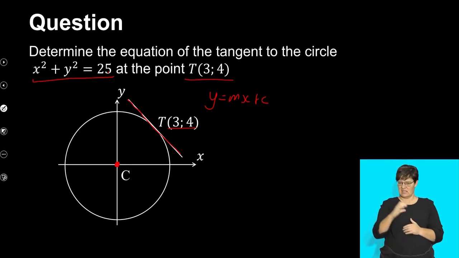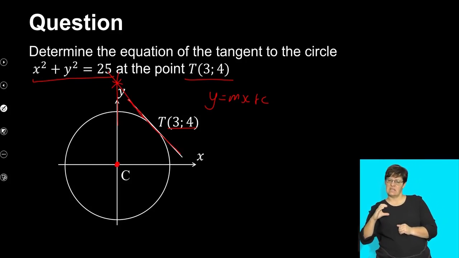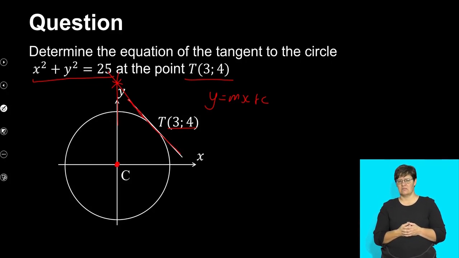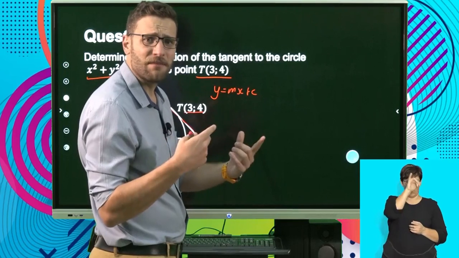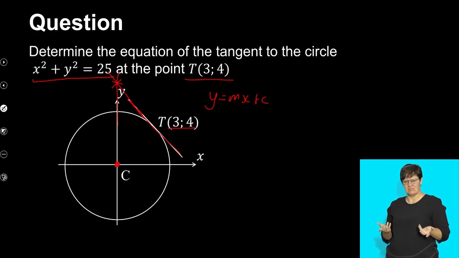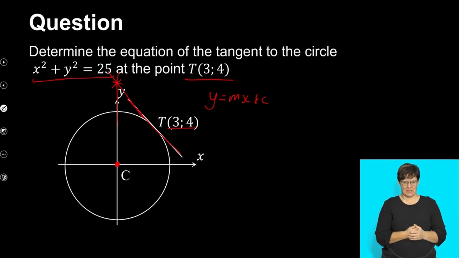The y-intercept is going to be here somewhere, but I can't find that by inspection, and I can't find the gradient using two points because there aren't two points. So how am I going to do this?